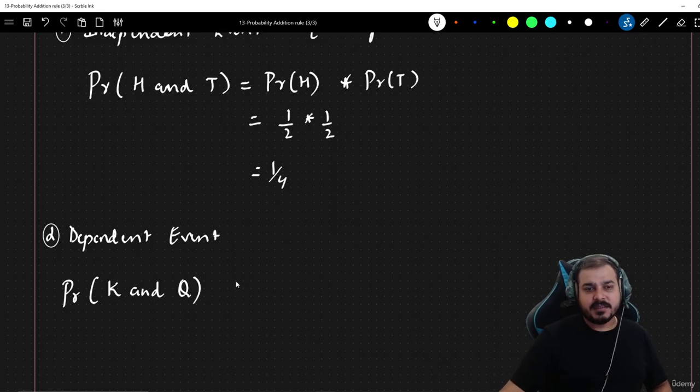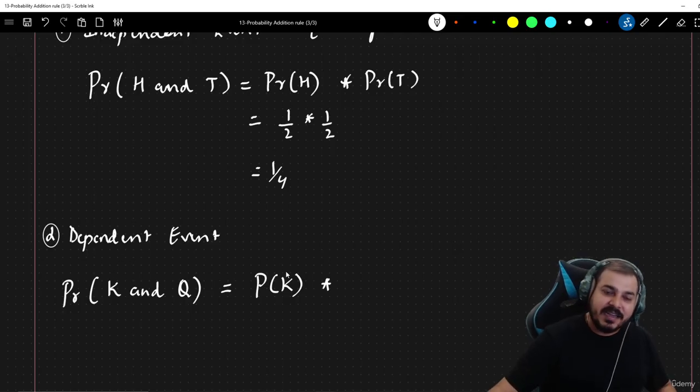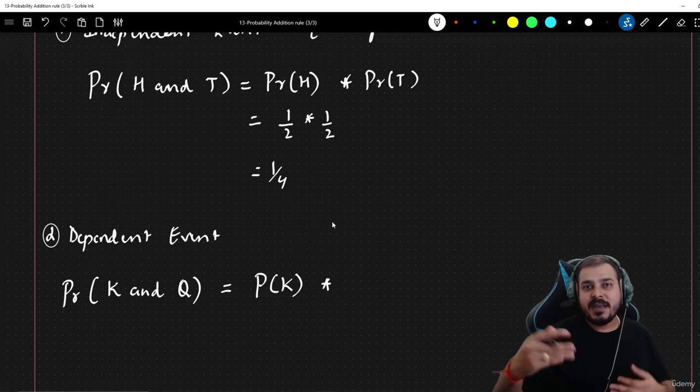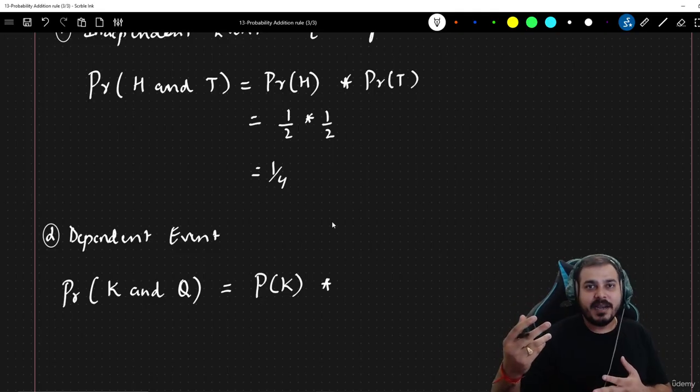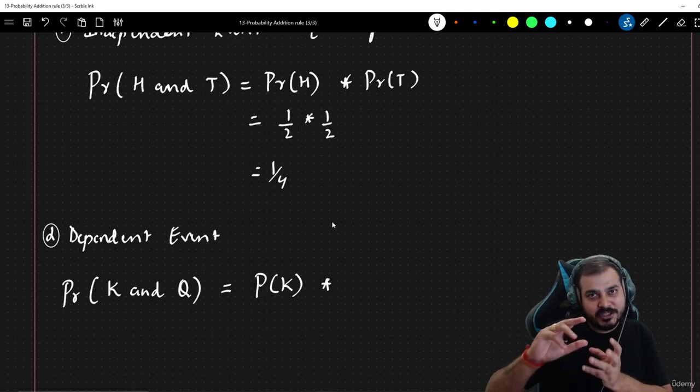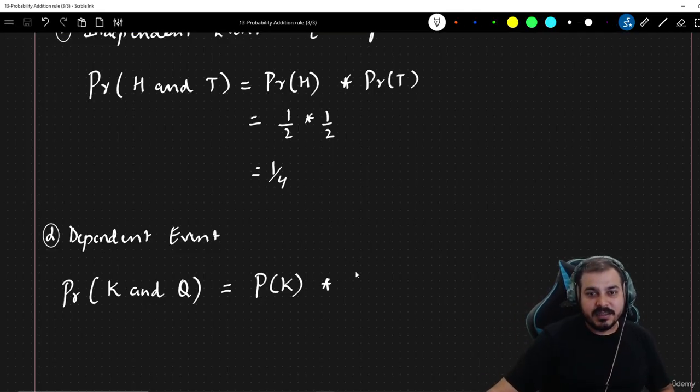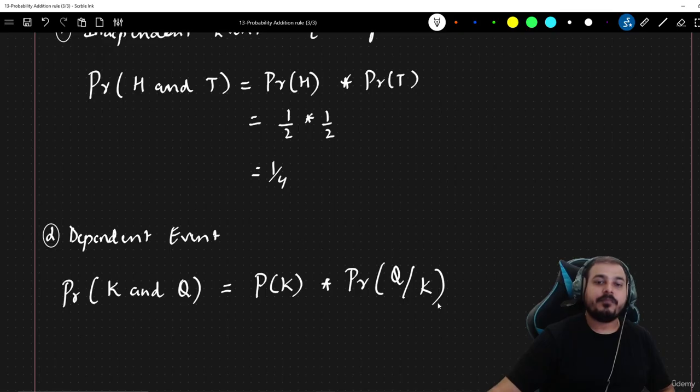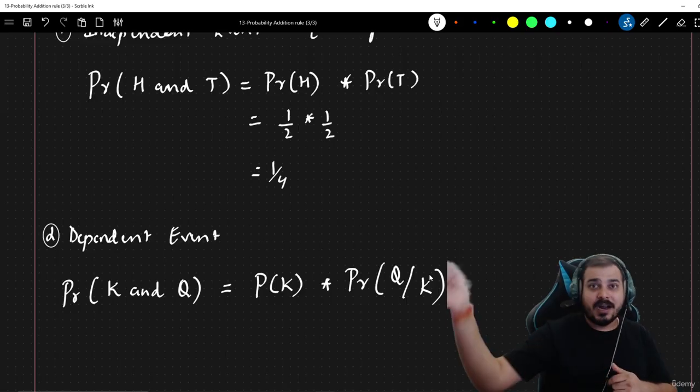In this particular case, my formula will become probability of K multiplied by, remember this is a dependent event, once I take out the K card, the remaining number of cards will be 51, right? So the probability will change. So I will say probability of K multiplied by probability of Q given K, because I'm trying to find the probability of Q and I have already removed the K card.